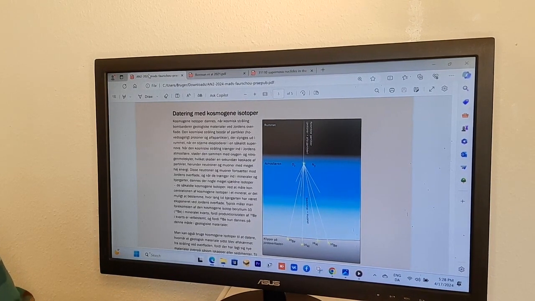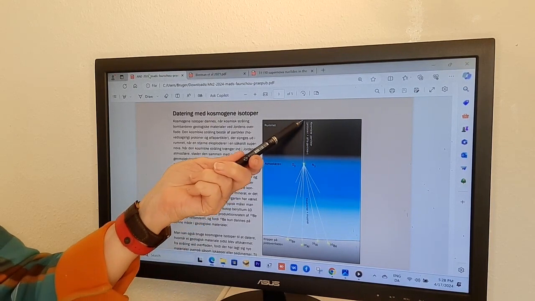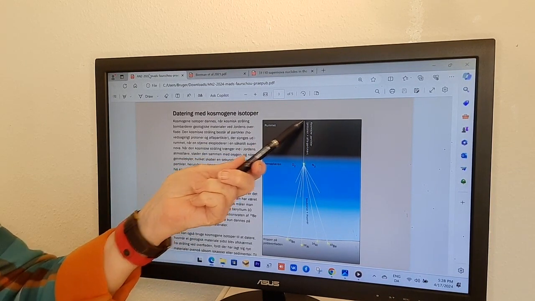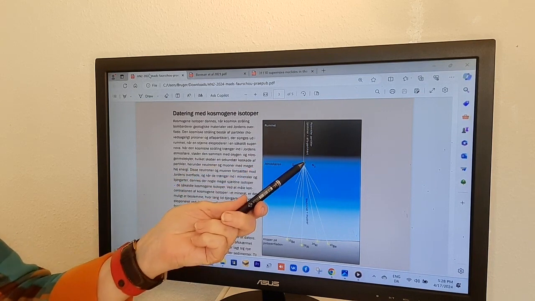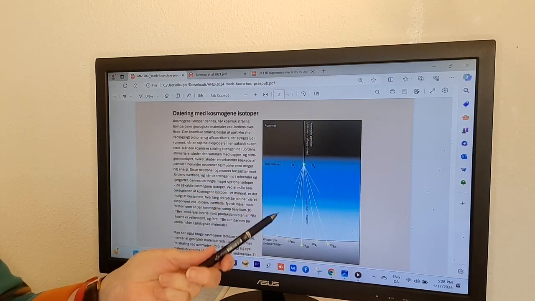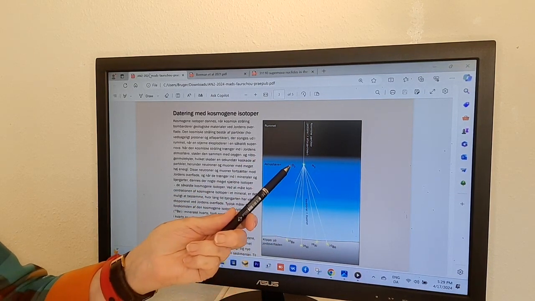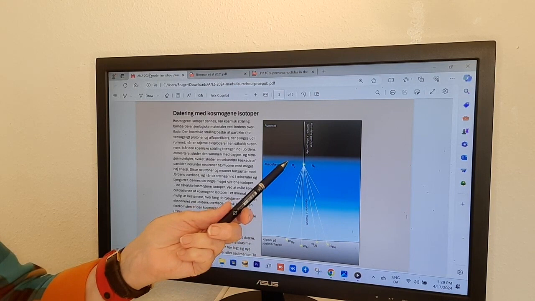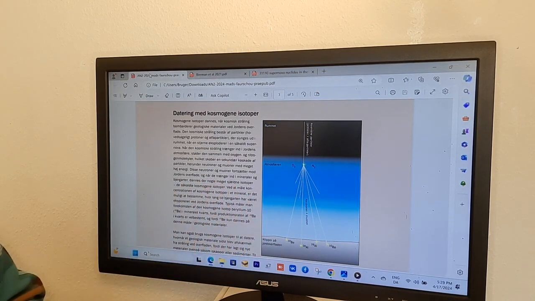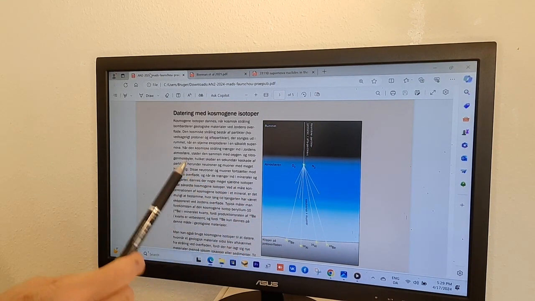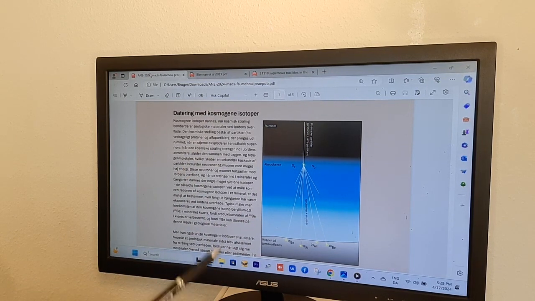So here we have the cosmic rays coming from the cosmos, rummet in Danish, and they get into our Earth's atmosphere, and they hit the oxygen and nitrogen. Our atmosphere has 21% oxygen and 78 point something nitrogen, and the rest is all sorts of other things coming from the cosmos.